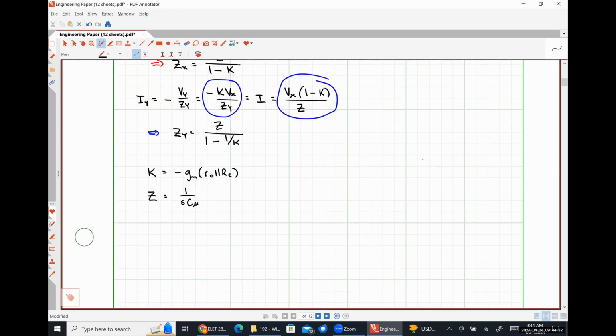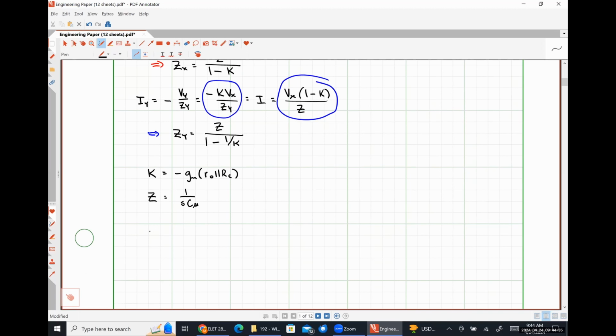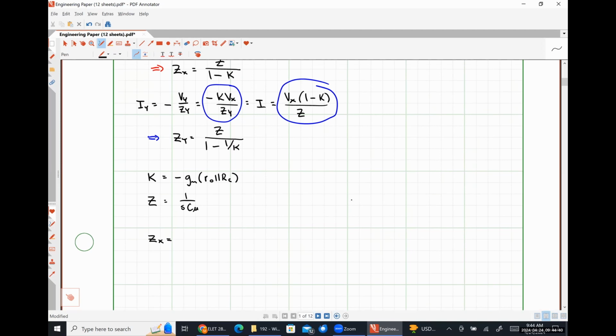And so putting these things together, what we should find is that Zx is going to be our original Z over 1 minus K. So that's going to look like 1 over S C mu times 1 minus K, where 1 minus K is 1 plus GM R naught in parallel with RC.